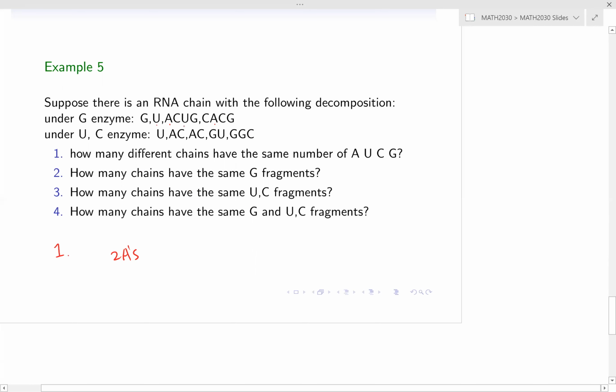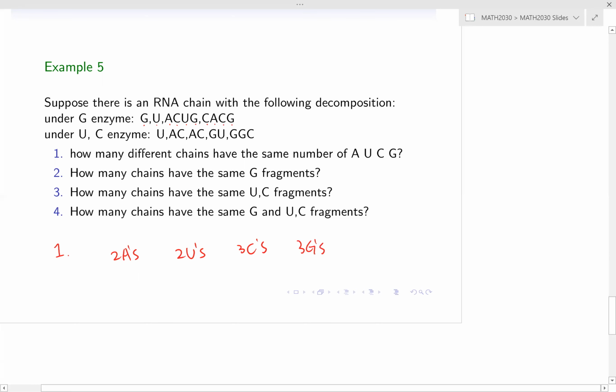I see 1, 2. So 2 U's. How many C's are there? I see 1, 2, 3. 3 C's. And lastly, how many G? 1, 2, 3. So 3 G's.